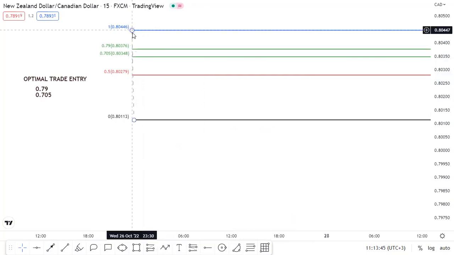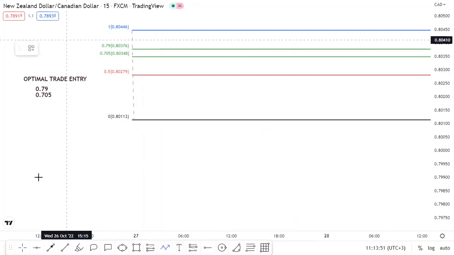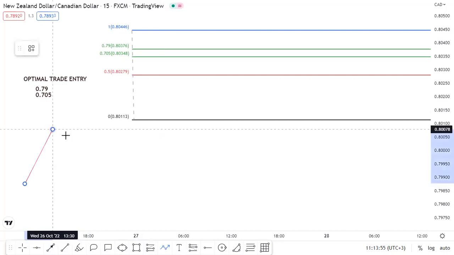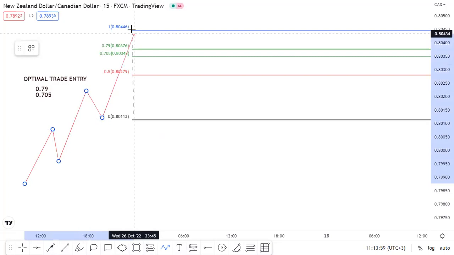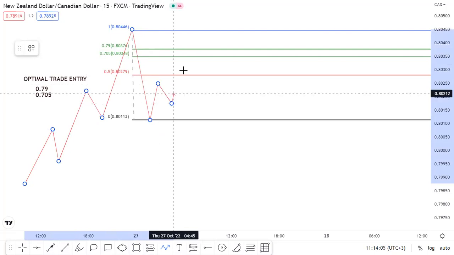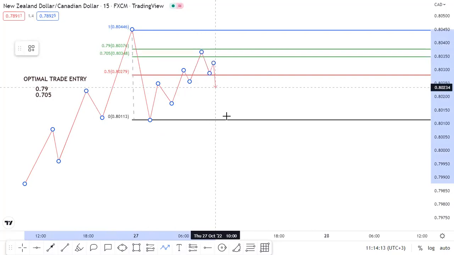If we are waiting for price to touch and sell, maybe the movement was like this. We had a certain movement like this. Price came here, then here. So if price comes to those areas, we expect it to sell.